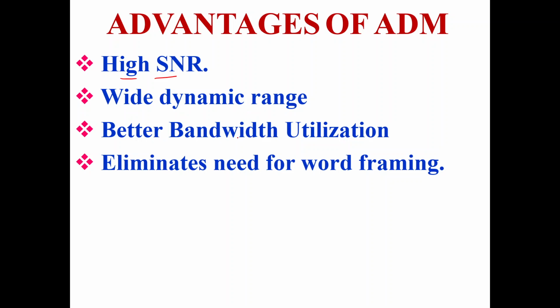It utilizes bandwidth in a proper manner, and it eliminates the need for word framing. We are not going to transmit as many bits as in PCM, DPCM and so on. We are going to transmit only one bit for one sample.